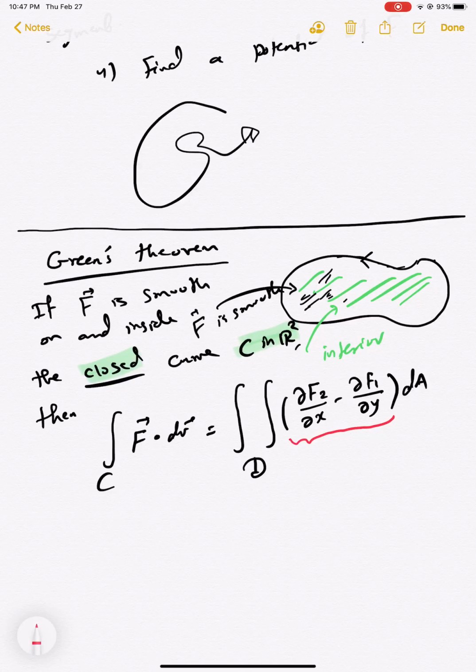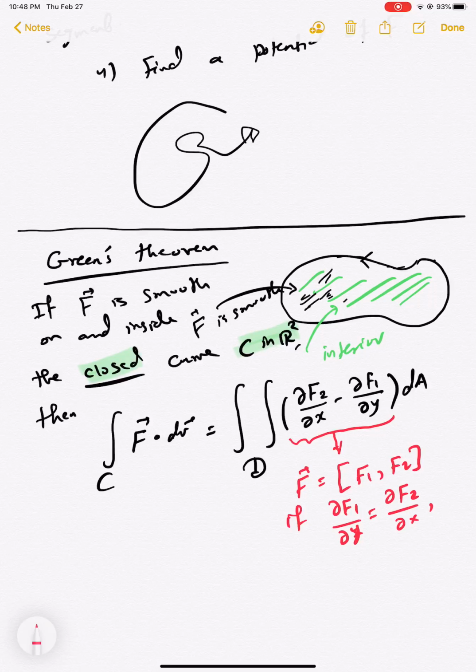Please remember, this is just to make things very clear. So this quantity reminds us of something. Remember the original function is just F1, F2. Remember, if dF1/dy is dF2/dx, the function is called conservative.